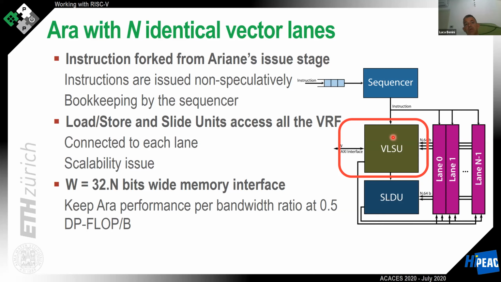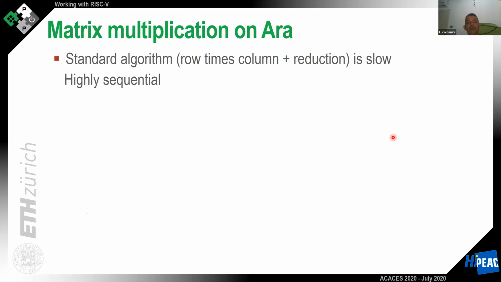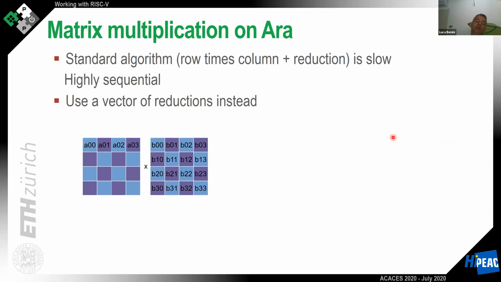Okay, so after you design a vector processor, you also have to be very careful in using the vector processor in an effective way. So, for example, how you perform matrix multiplication on this vector processor. Matrix multiplication is a very important kernel and also shows a bit the capability of your vector unit. So here the idea fundamentally is to try to implement your matrix multiplication in a vector-friendly way.